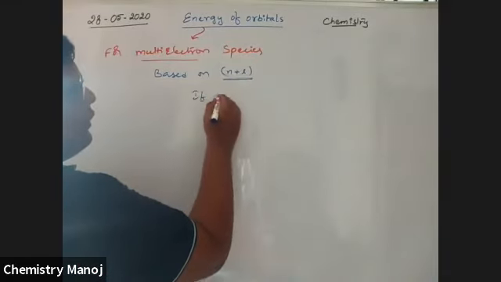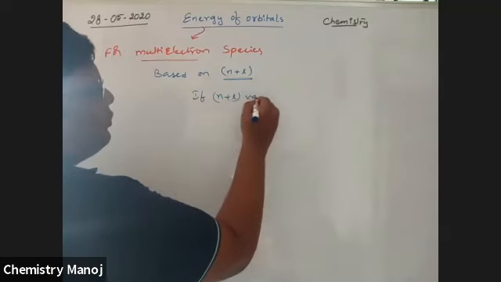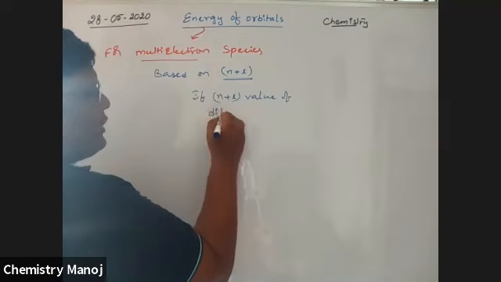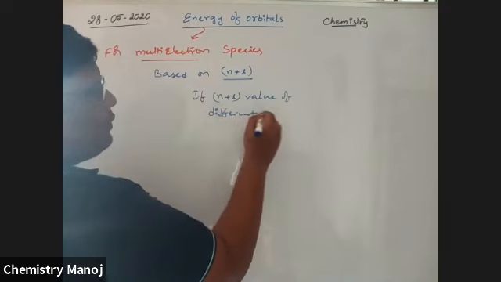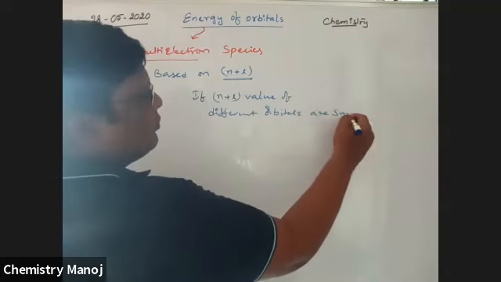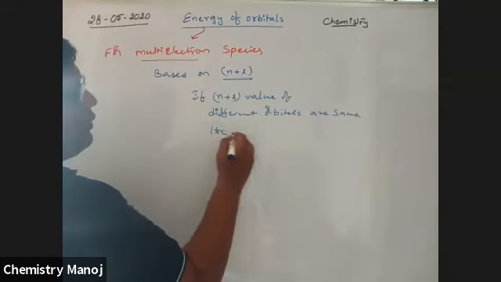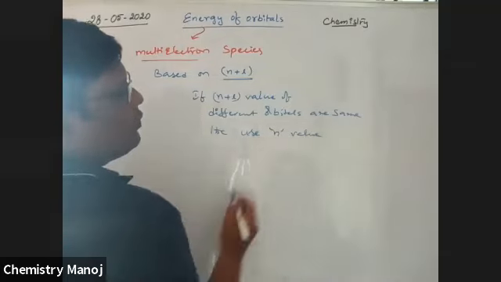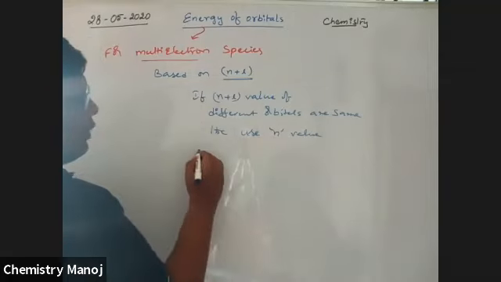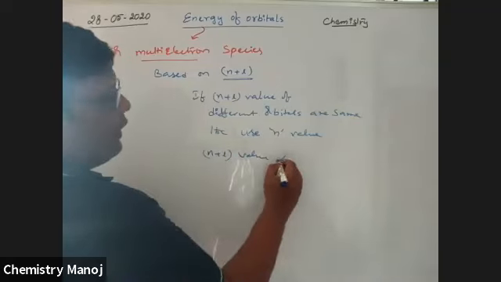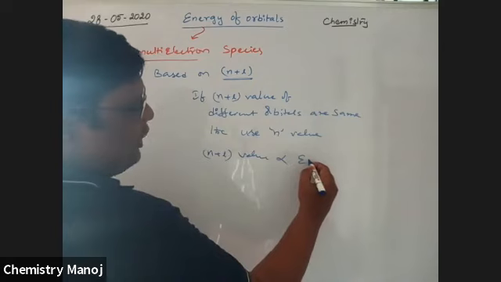If the n plus l values of different orbitals are the same, then use the n value. So the n plus l value is directly proportional to the energy of the orbital.